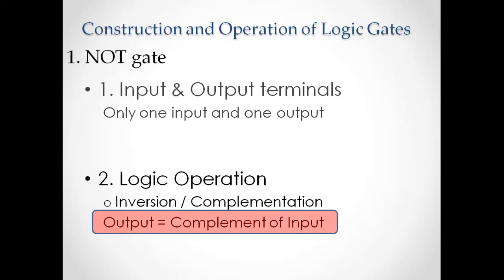In other words, when a high level signal is applied at the input, the output will be low. And when a low level signal is applied at the input, the output becomes high. We know that usually the high level is represented by 1 and low level by 0 in the Boolean operation.